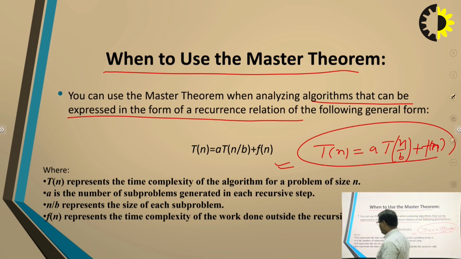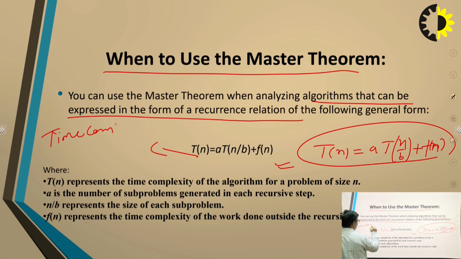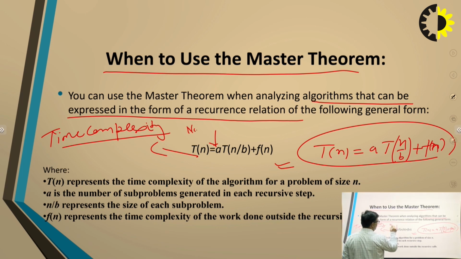Here T(n) represents the time complexity. And what is a? a is the number of subproblems.